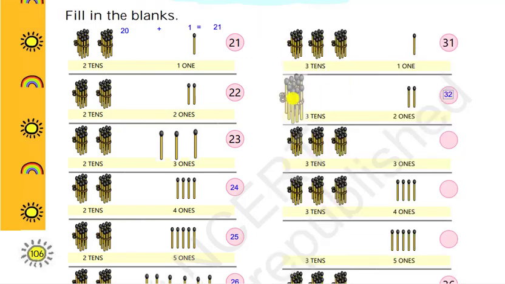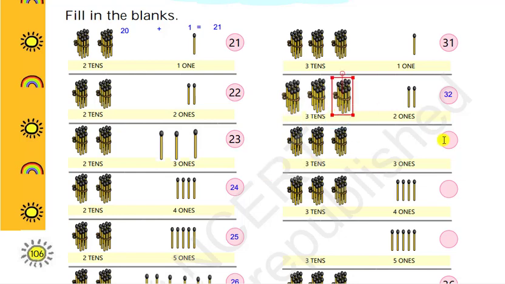So this is 1 and like this we need to draw 3 bundles. So students, if you have this book, please draw along with me. If you do not have this book, you can do it in your notebook. So this is 2, and this is 3. So this is equal to 3 tens and 2 ones.